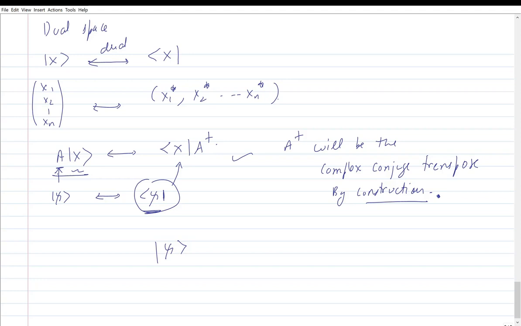So yeah, we've already seen what happens to the vectors. This is all dual space.